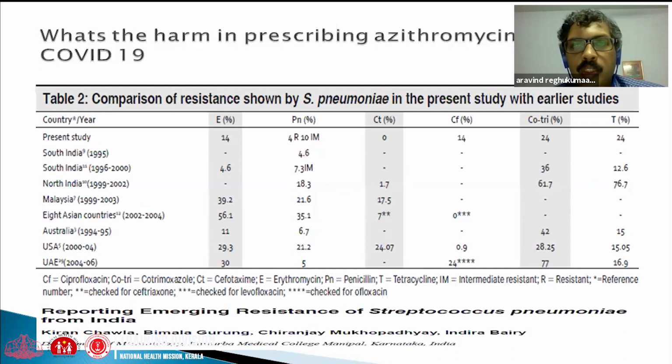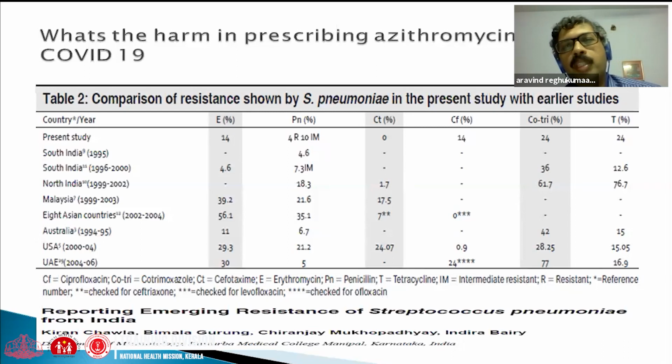Still, you can see that anyone diagnosed with COVID-19 is likely to get a prescription of azithromycin. The majority of doctors are prescribing azithromycin. If we tell them that azithromycin does not have any role in preventing the progression of COVID-19, they will say, what is the harm in giving azithromycin? It will cause only gastritis, or QT prolongation, which is very rare.